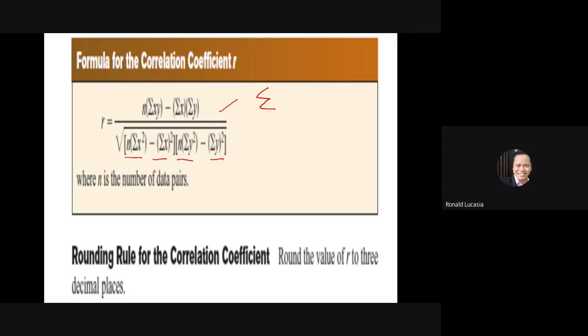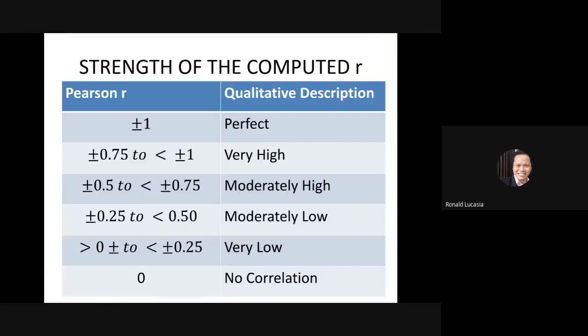One of the questions that we need to answer when dealing with correlation is what the relationship is between the two variables, and what type of relationship exists between them. To answer that, we have here the qualitative description. When the result of our computation is plus or minus 1, it means there is a perfect correlation between the two.